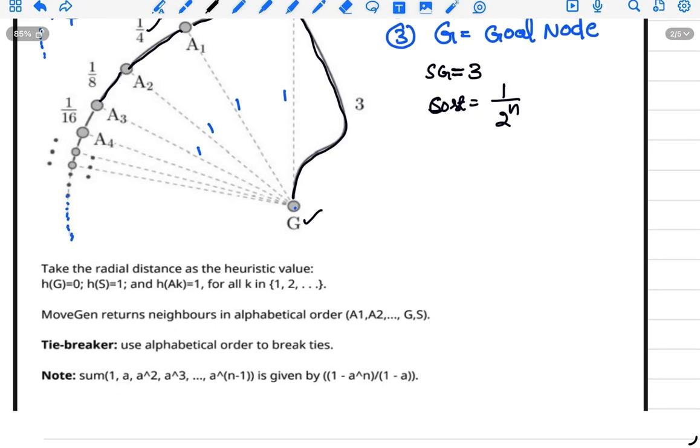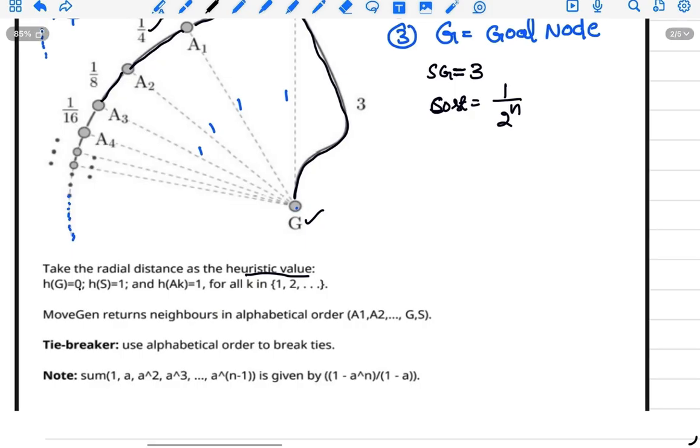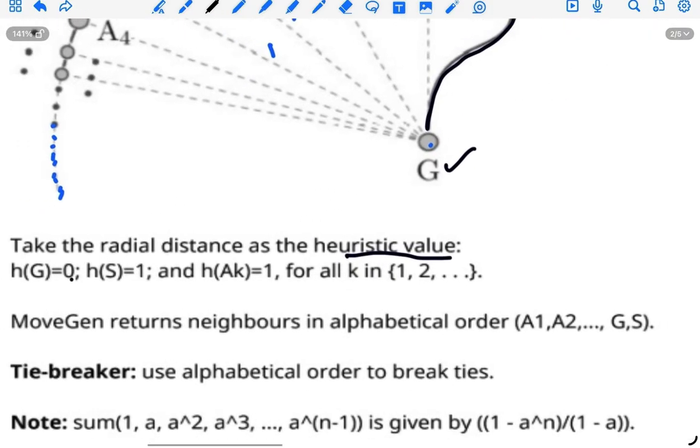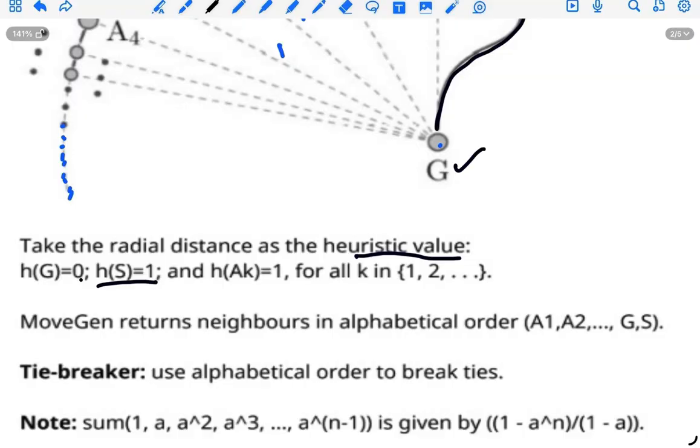And take the radial distance as the heuristic value. So the heuristic distance at the goal node is 0, h of G is 0, and h of AK equals 1. These are the heuristic distances. So K from 1 and so on, that is A1, A2, A3, A4 all these are 1.